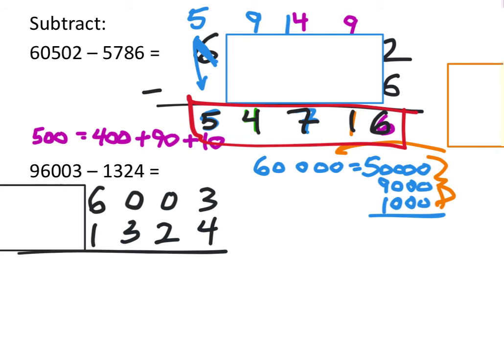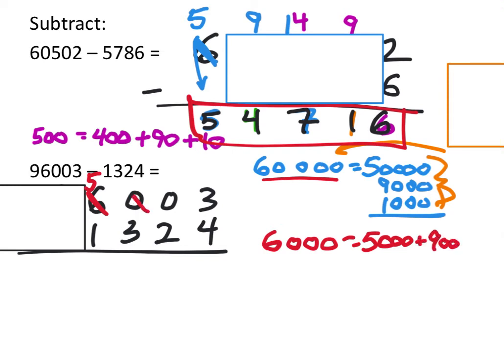And I'm going to show this again. It's kind of like what we did up here with the 60,000, but now it's just 6,000. So I'm going to break it up into 5,000. Right, so now in the thousands place value, I'd have a 5 there. It's also another 900, which is going to be in the hundreds place value. And another 90, which is in the tens place value.